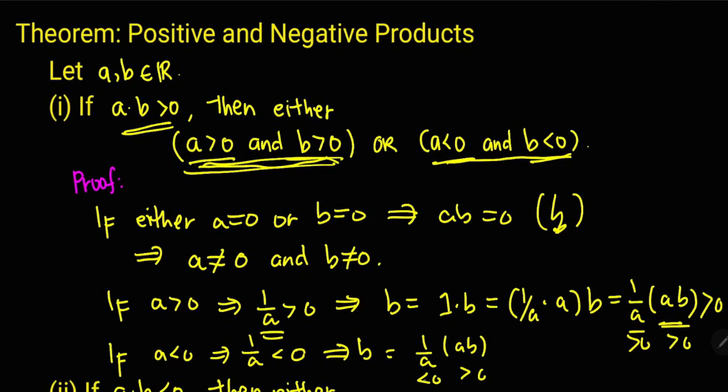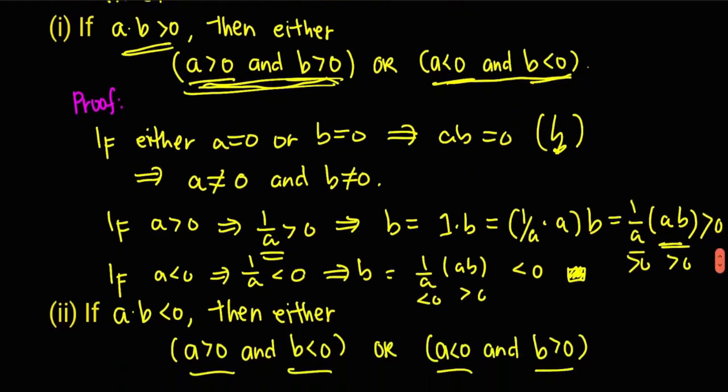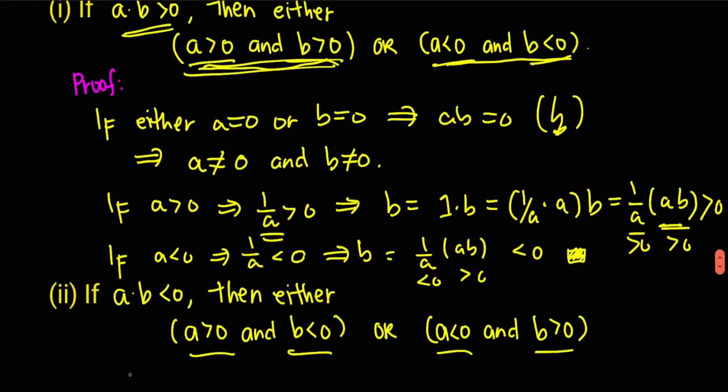So we have a negative number and a positive number. So if you multiply them, the product is negative. So we're able to show that if A is negative, then B is negative as well. So we are done. I will no longer show you the proof of the second case, and I will leave this as an exercise.